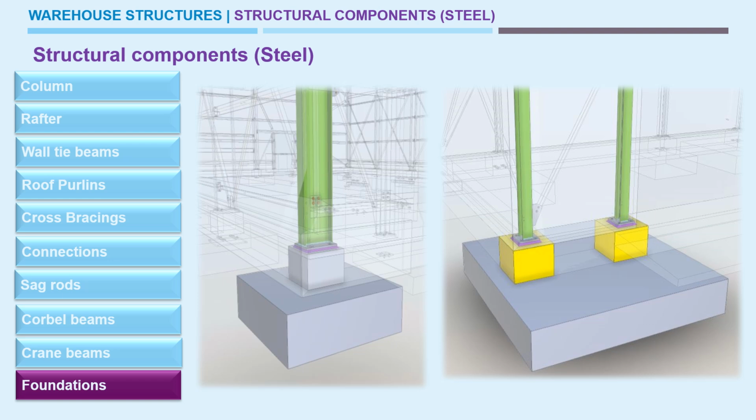An isolated foundation is used where the column locations are maybe 5 meters or more, or more than 3 meters or more than the width of the foundation base slab. According to that we can decide whether it is an isolated or a combined foundation.